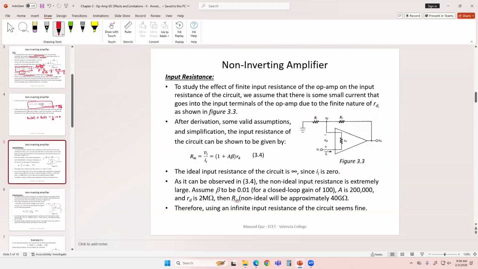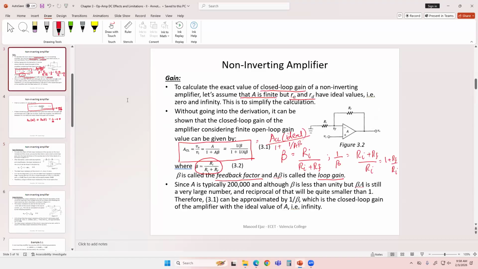How about the input resistance? We assume that the input resistance of the amplifier right here, in general, is V input over I input, and since for the non-inverting amplifier, I input is 0, for this amplifier there is really no current flowing.